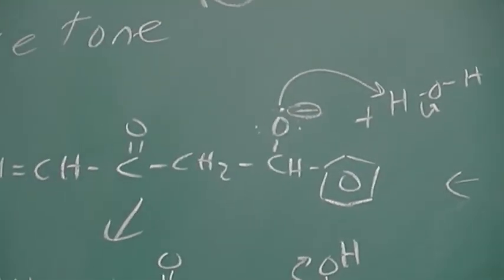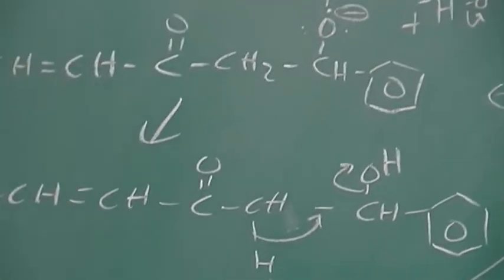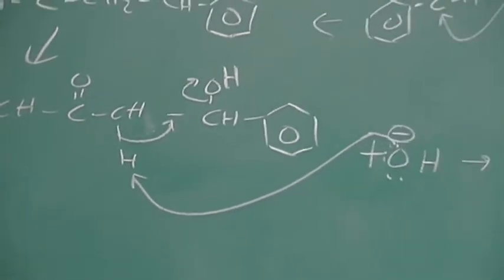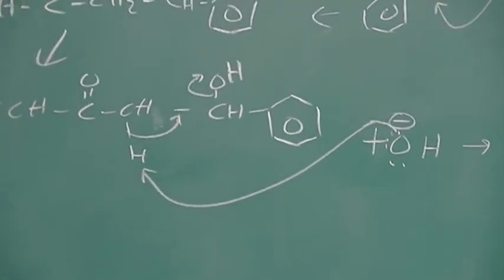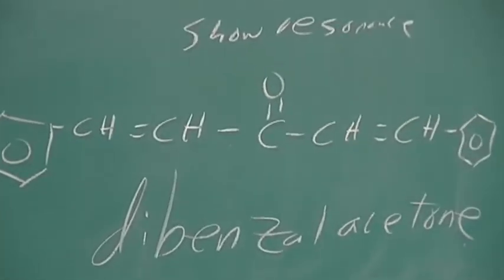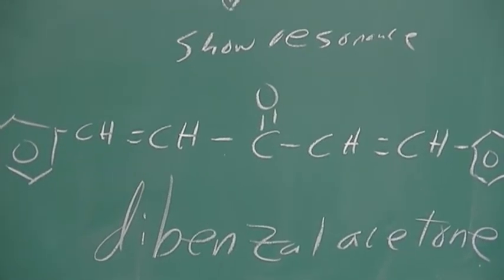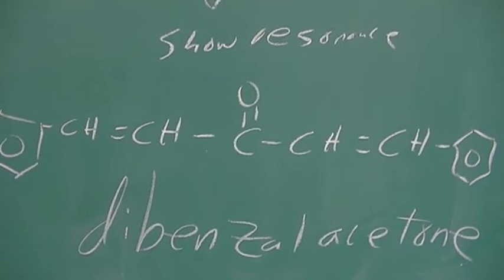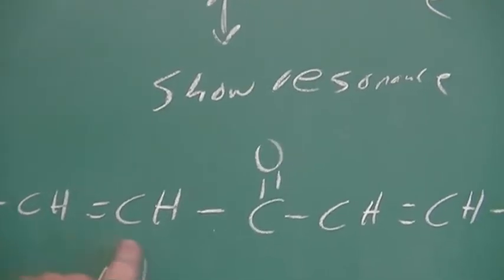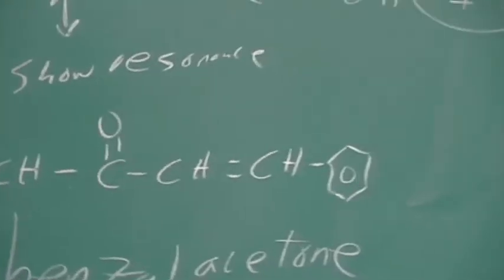That negative oxygen will attack the hydrogen from water, and then you will have your OH minus attack the second alpha hydrogen, kick out the OH minus, and now you have your dibenzalacetone, which is a double alpha beta unsaturated ketone, which means it has alpha beta on this side that's unsaturated and alpha beta on this side that is unsaturated.